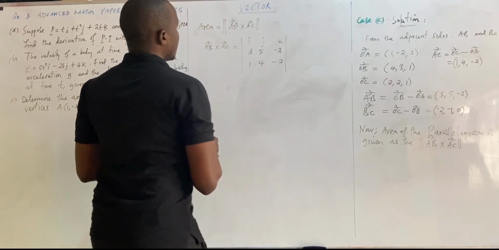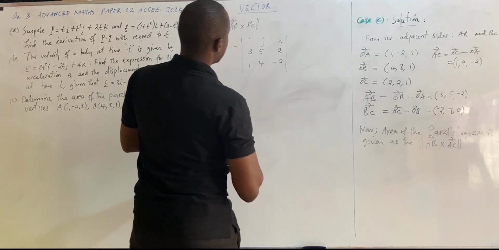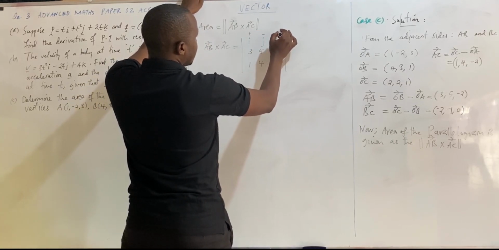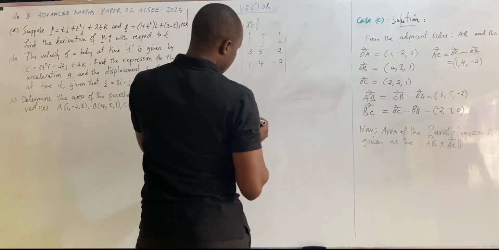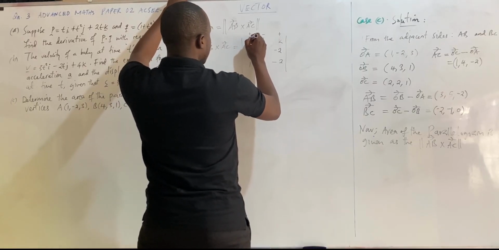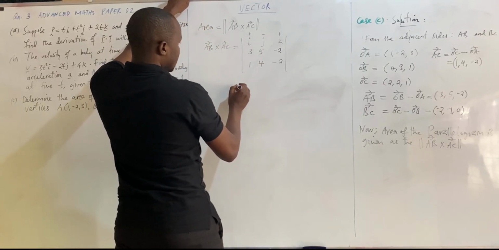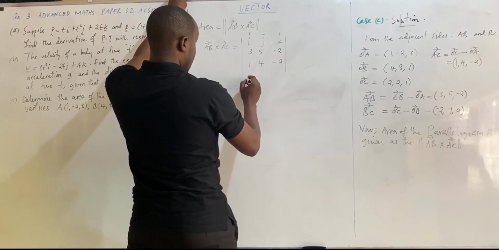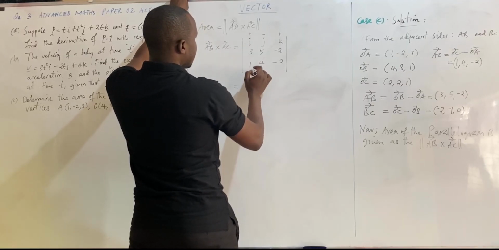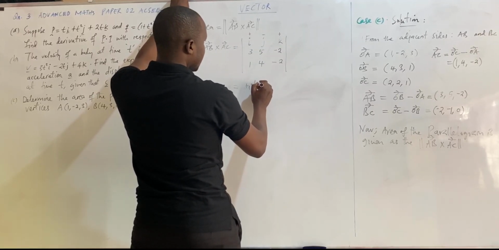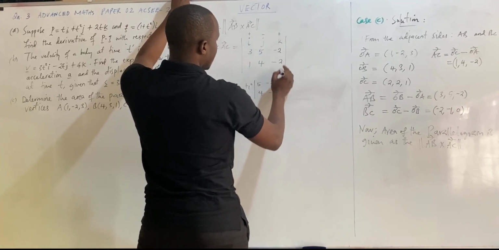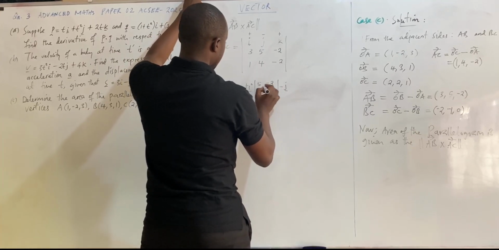Up to that point, we can undergo the determinant concept. So we introduce the positive negative sign rule in determination of the determinant. So this is I. We take out that positive I. Then the first row and the first column cancel out. We remain with 5, negative 2, 4, negative 2. Then we take minus j vector.